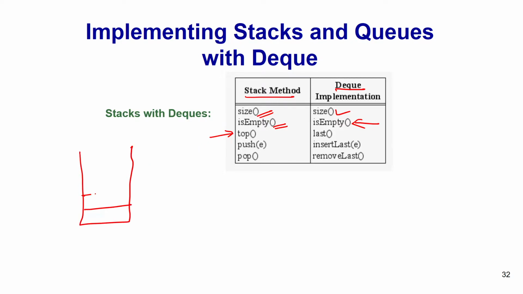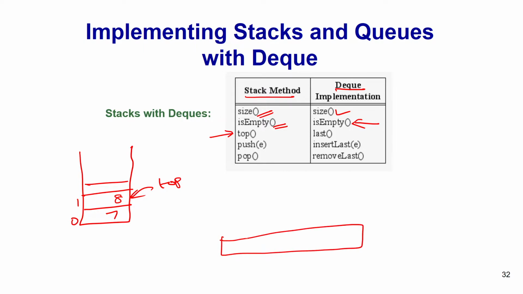So this is the stack. Here the stack has the top variable. Suppose the top is indicating the 8, so the top variable is here. And in a double-ended queue also, we will use the first variable indicating the first element and the last variable indicating the element lastly entered into the queue.